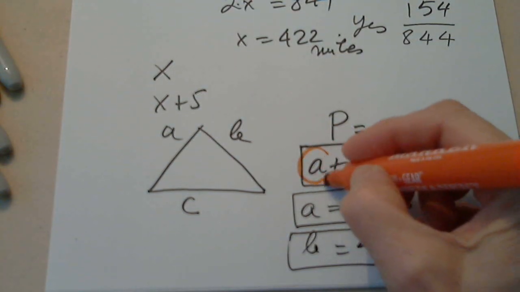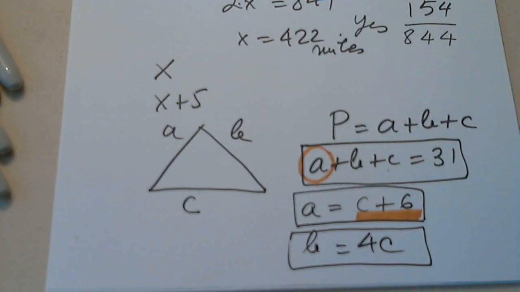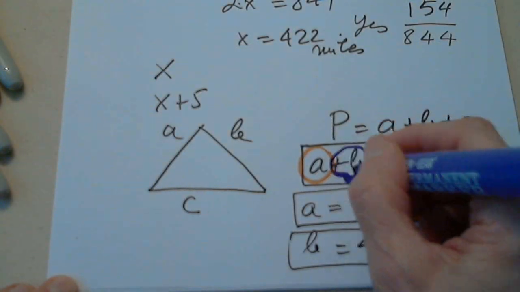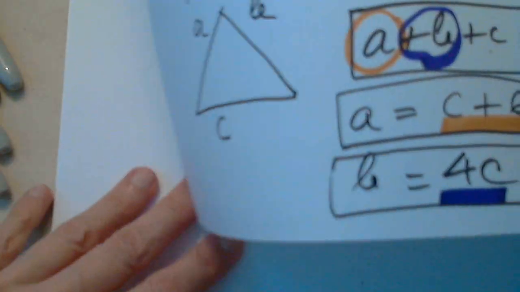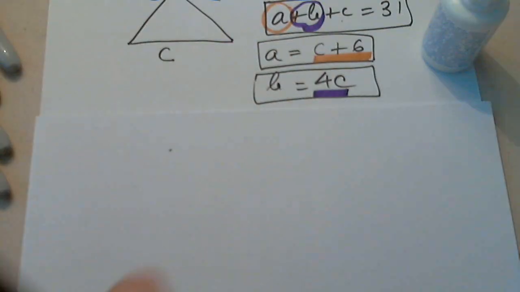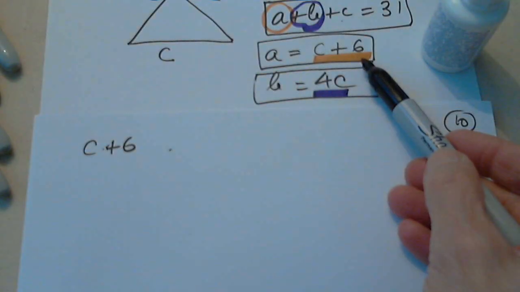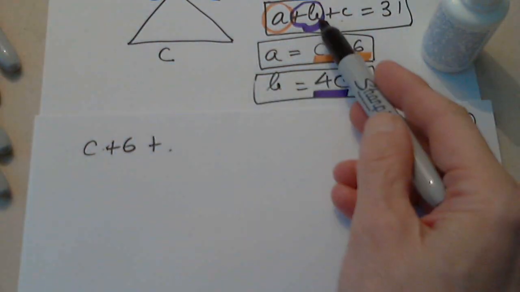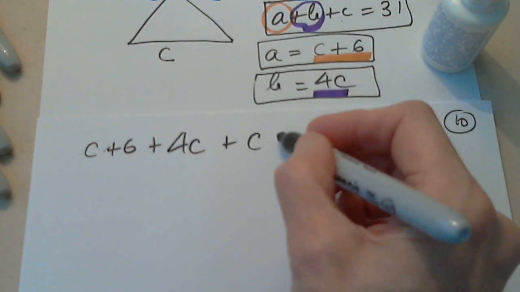I replace A by C plus 6 because I'm told it's the same, and I will replace B by 4C because I'm told they are the same. And let's see what we get. So we have C plus 6, because I replaced A by C plus 6, plus I replaced B by 4C, plus there is a C, equals 31.